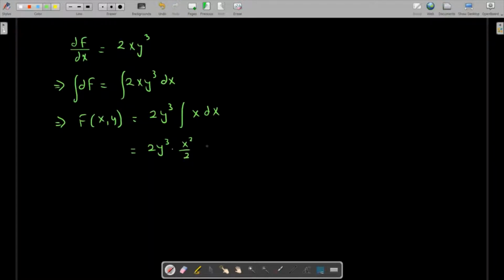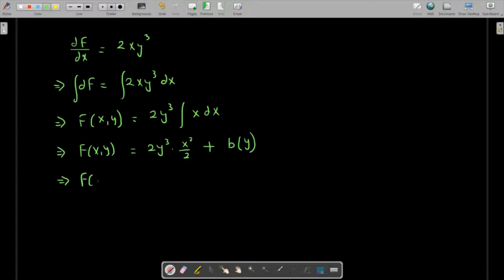Now be careful that had this been an integration of just one function, we would have added a constant of integration, which is just c. But since this is an integration with respect to x, but there is already a y in it, the constant of integration will not actually be a constant, that will rather be a function of y. So we are going to add g(y) as the integration function which we are going to get after the integration of this particular expression.